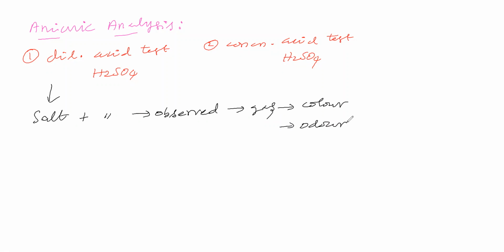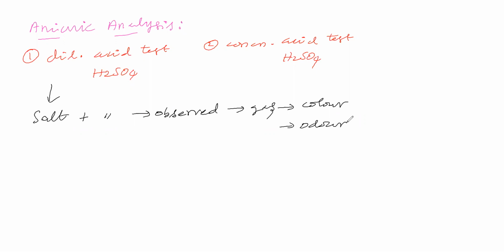So you take the salt, add dilute sulfuric acid, and observe what gas is liberated. Does the gas have any color or not? Does it possess any odor? These two points we have to observe.